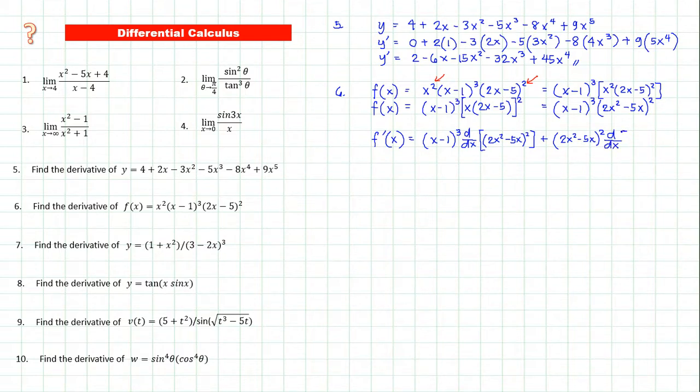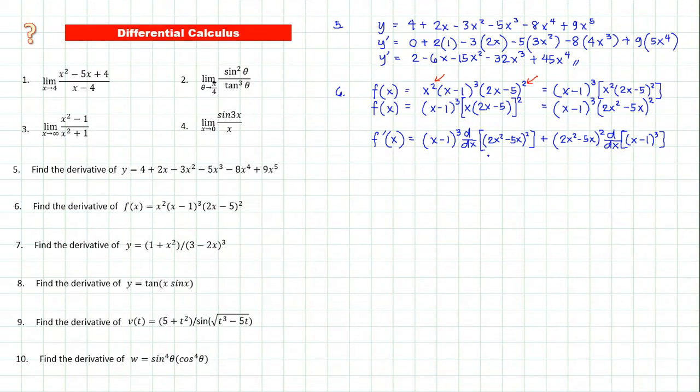Ano yung first function natin? Kopyahin lang natin ulit, (x minus 1) cube. Dito sa line na to, wala pa akong sinosolve, guys. Sinulat ko lang muna kung paano ni-state yung product rule in this function. Okay? So, ngayon, magsasolve na tayo.